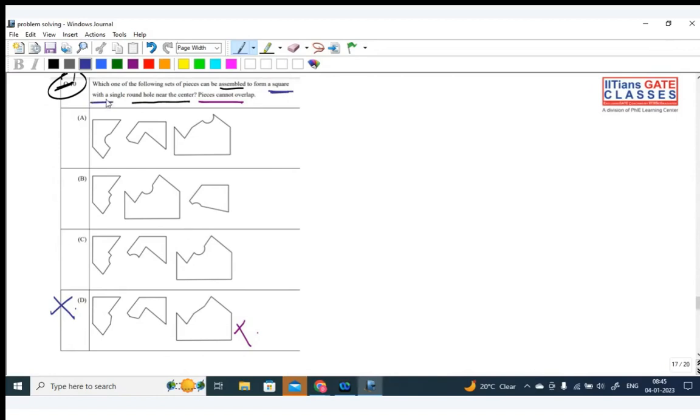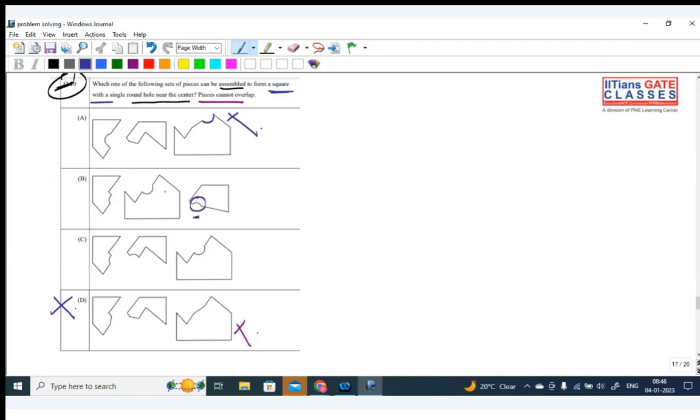So near the center there should be a hole, okay, near the center there should be a hole, okay? And I believe this cannot be correct, okay, because the hole is here, right? Hole is here, not near the center, right? And this can also be seen here, right? So yeah, there is a hole, okay, but this hole cannot fit, okay, you see here, right?